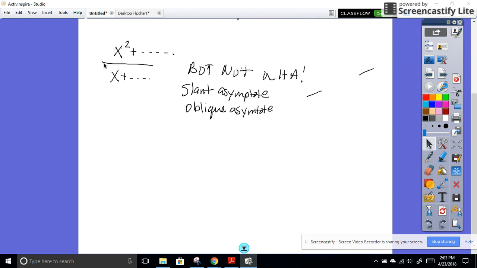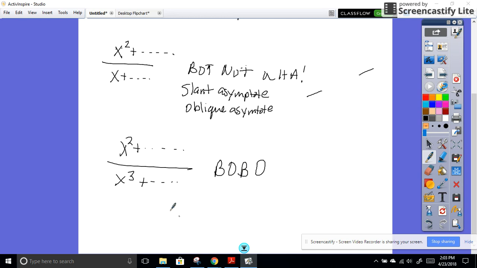You could have a function with x squared plus blah, blah, blah over x cubed plus blah, blah, blah, because I don't care about everything else. You compare the degrees of the polynomials. A second degree polynomial is on top, a third degree polynomial is on bottom. Where is it bigger? It's bigger on bottom.